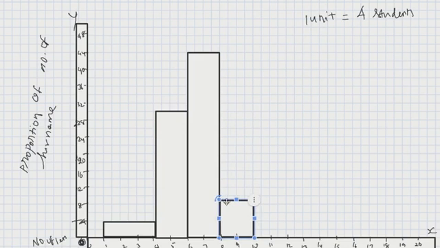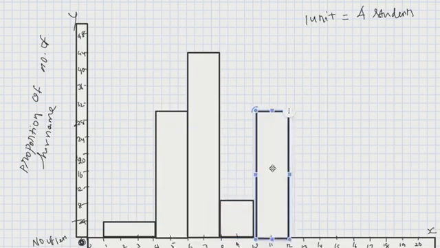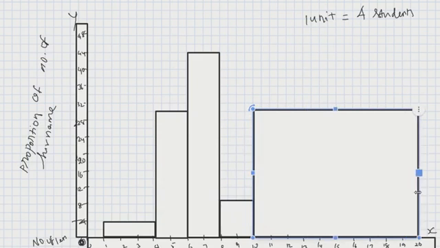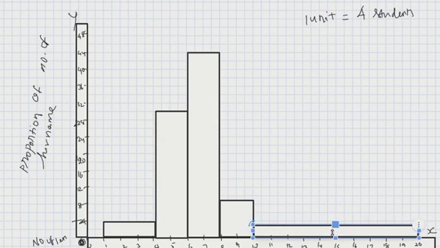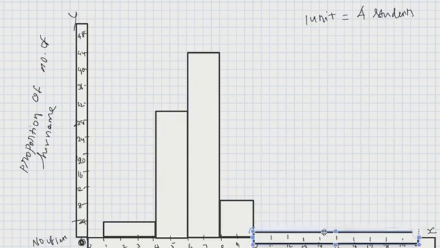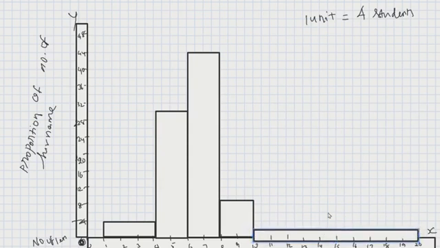The next, 12 to 20, only 1 they have given, so it will be a smaller bar. I marked it. Okay, so this is the histogram we have drawn for the given data.